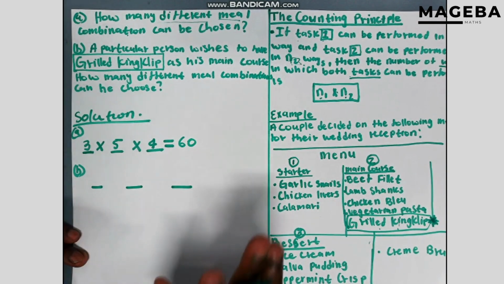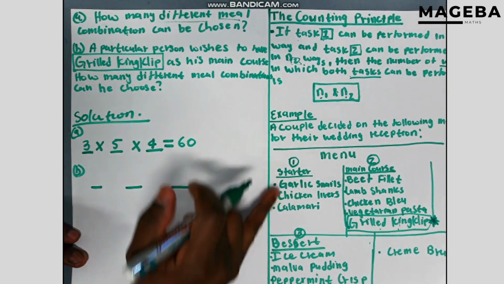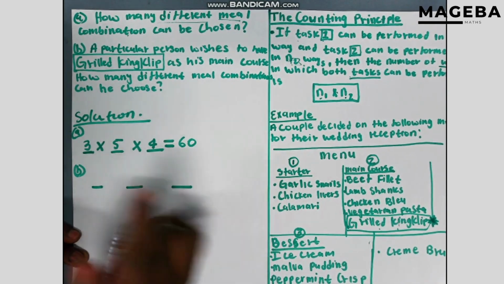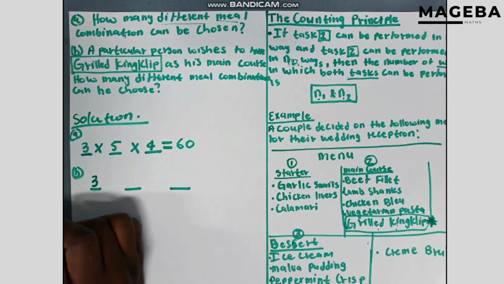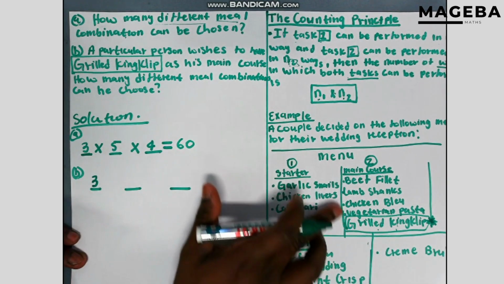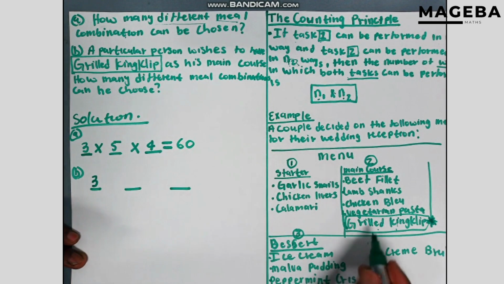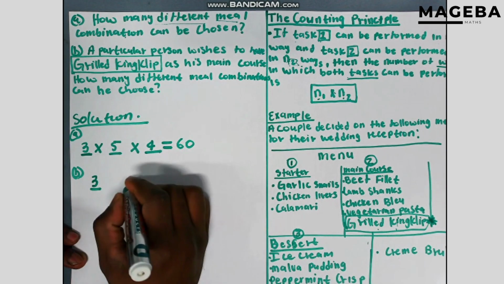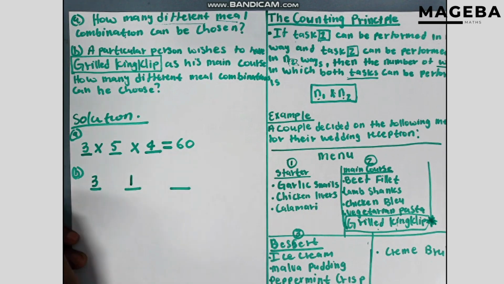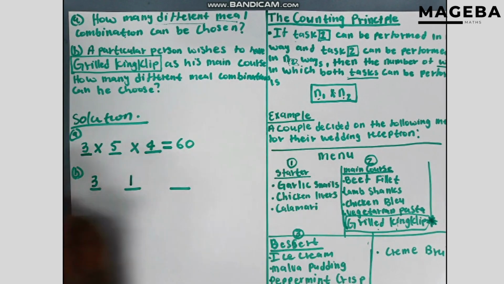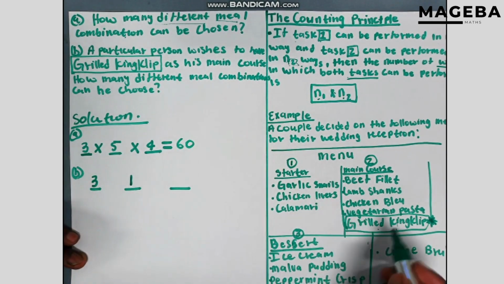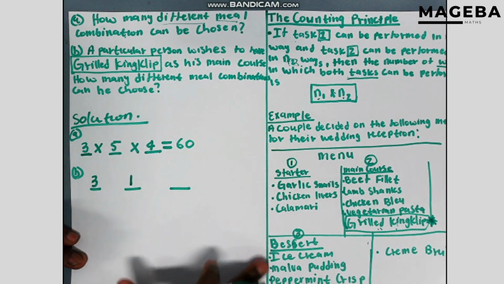On the starter, he has not decided among these 3, so we put 3. But on the main course, he has already decided that he wants the grilled kingklip, so there is only 1 choice.